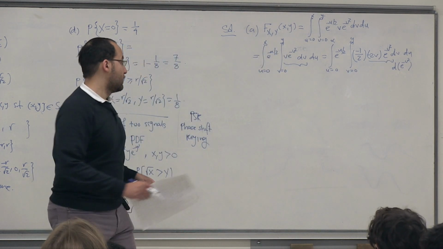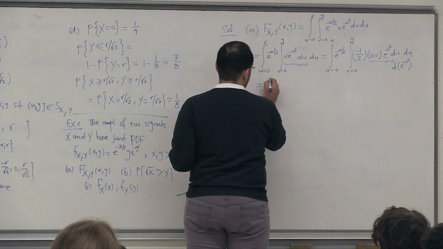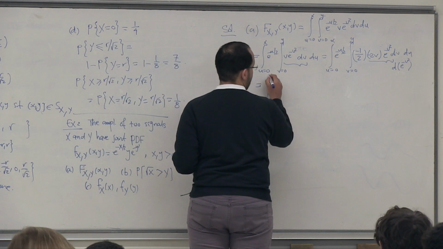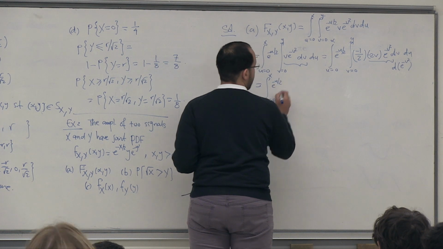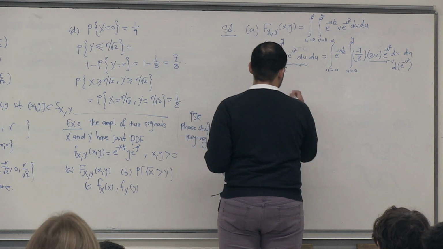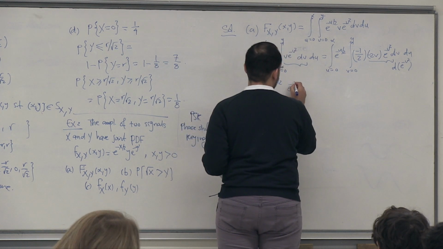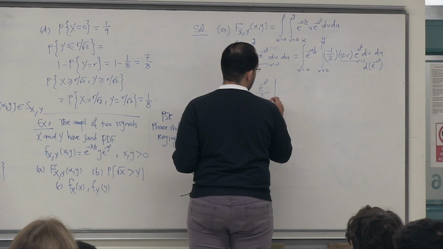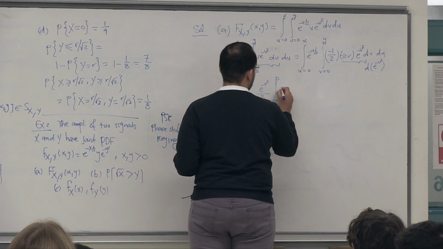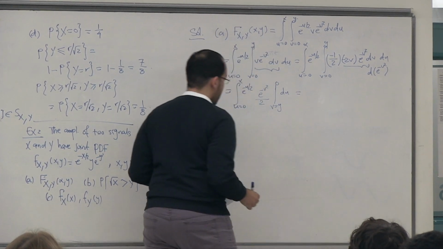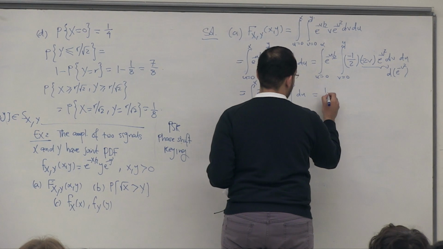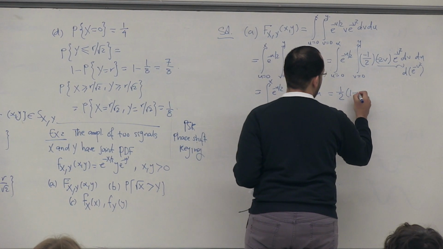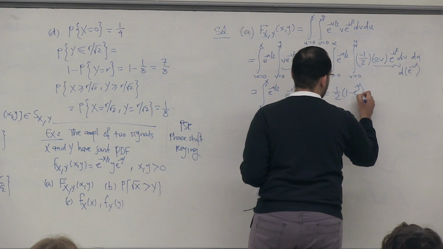So you immediately can write this from 0 to x, e to the minus u over 2, times e to the minus v squared over 2 evaluated from v equals y to 0, du. This gives you half of 1 minus e to the minus y squared.